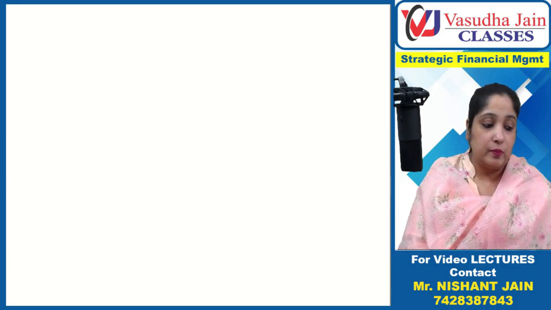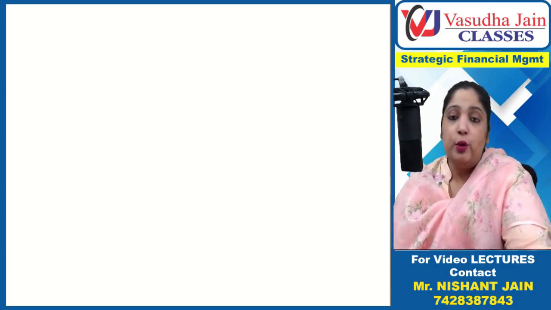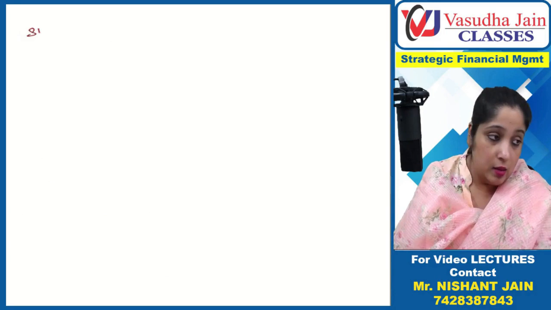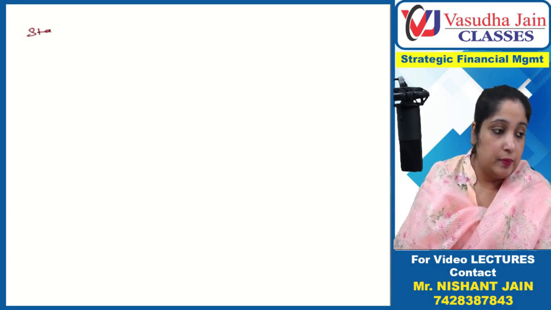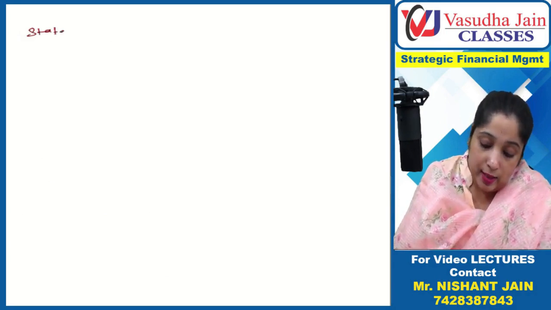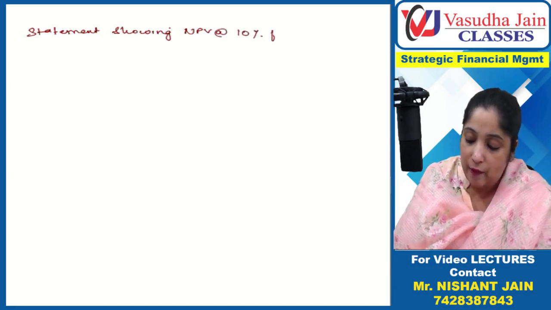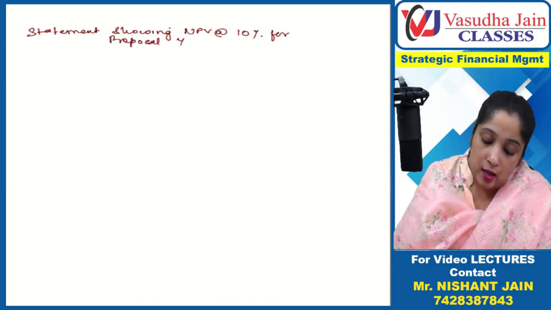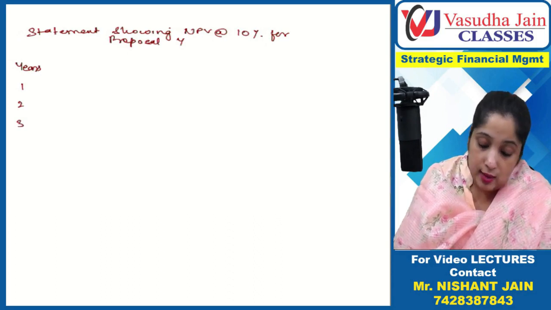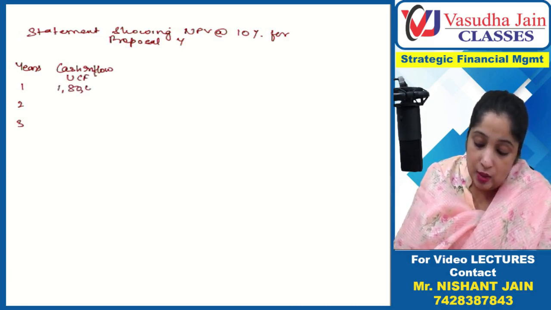Okay. Now let us check the same for the proposal project Y. For proposal Y, again we are going to prepare the same statement, showing NPV at the rate of 10% for proposal Y. Again, years we have to write year 1, 2, 3, and the uncertain cash inflows, UCF, given to us are 1,80,000, 1,80,000 and 2 lakh, as given in the question.